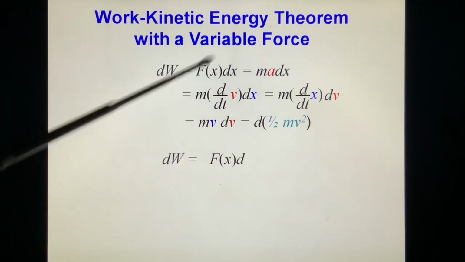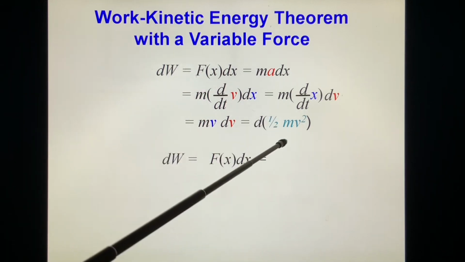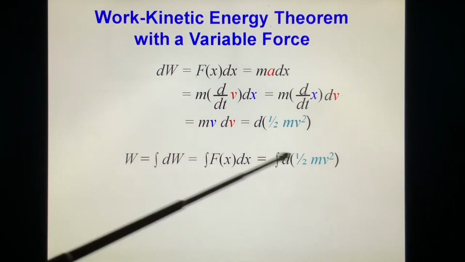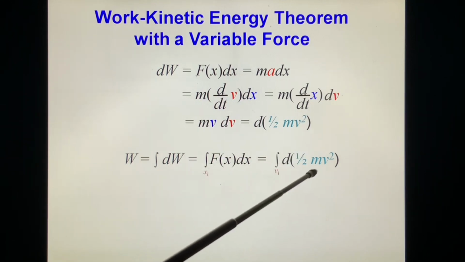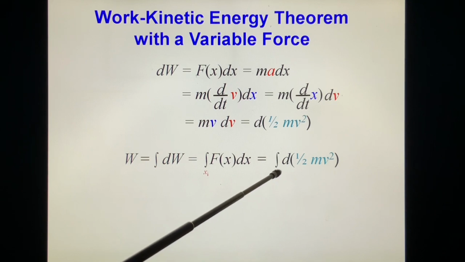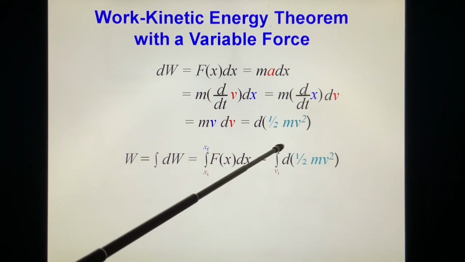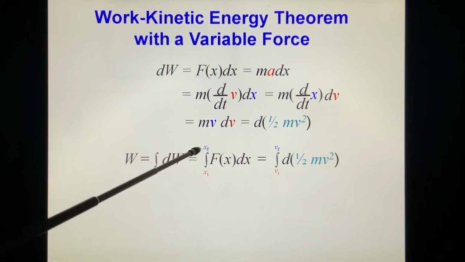We rewrite this: dW equals F dx equals d of half m v squared. And the total work is the integration, so we do the integration and we get the total work. Let's see, when v equals v initial, x equals x initial. When v equals v final, x equals x final.